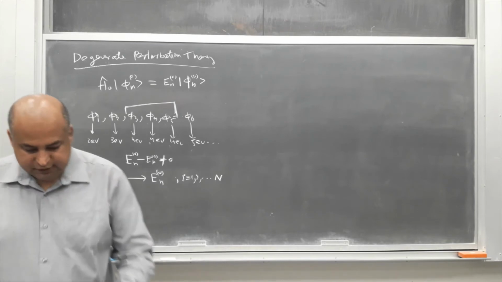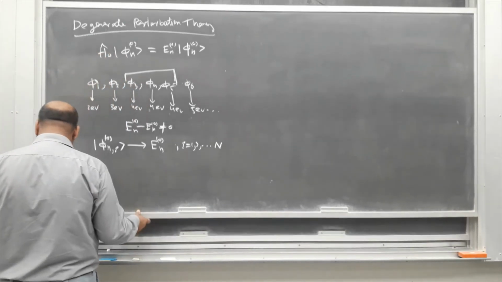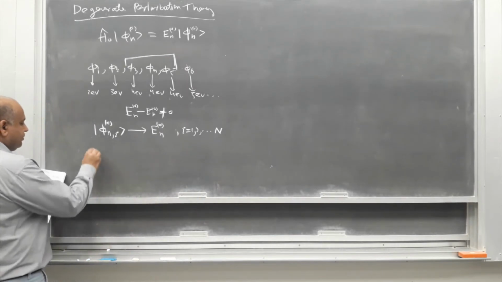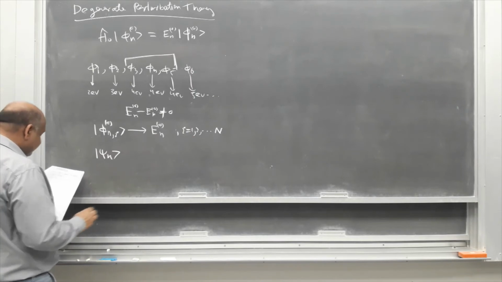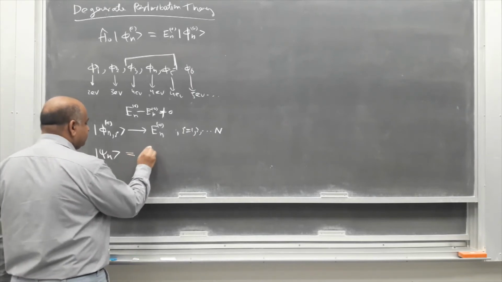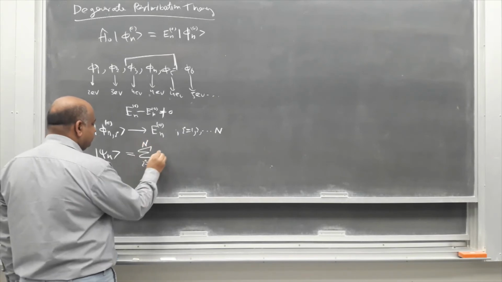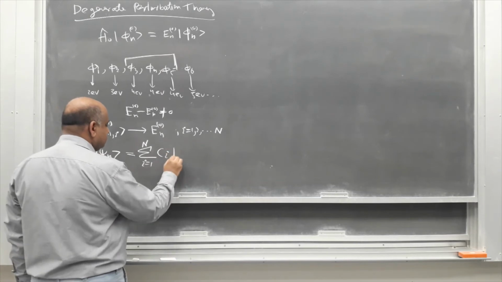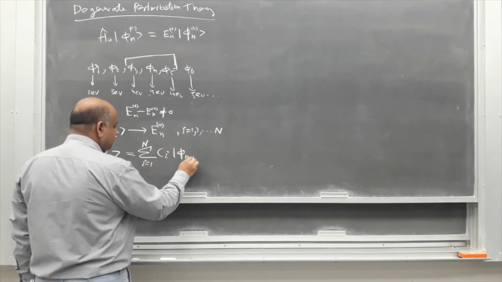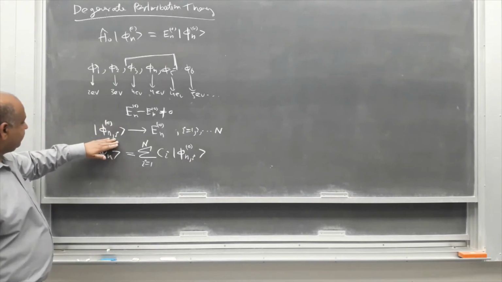So it means that I can now resuppose my trial wave function psi n, which of course would be something like this, that let's say it's a superposition of all of these degenerate wave functions.